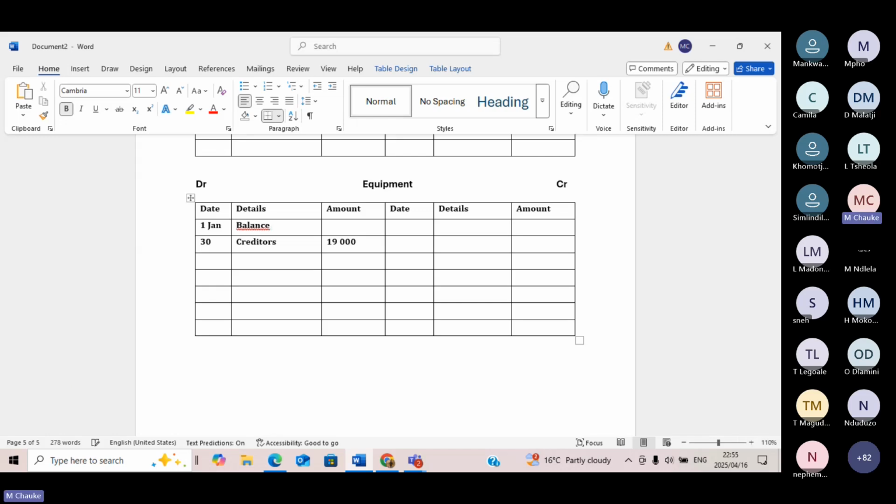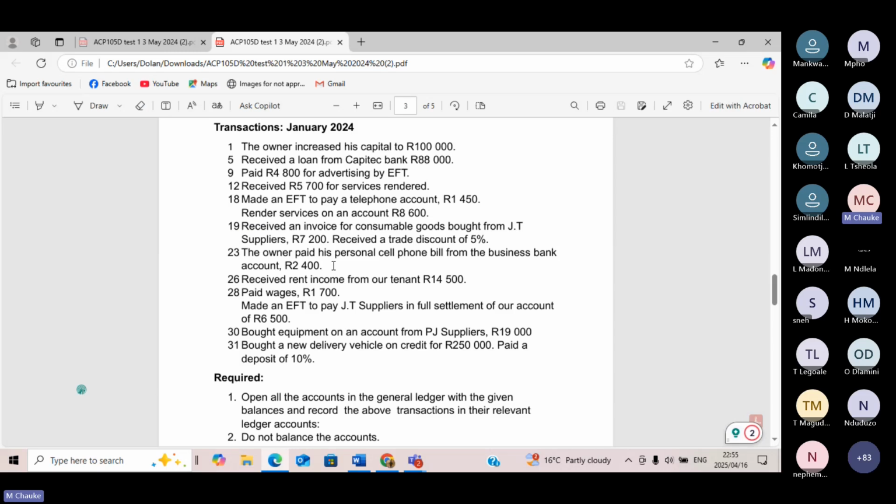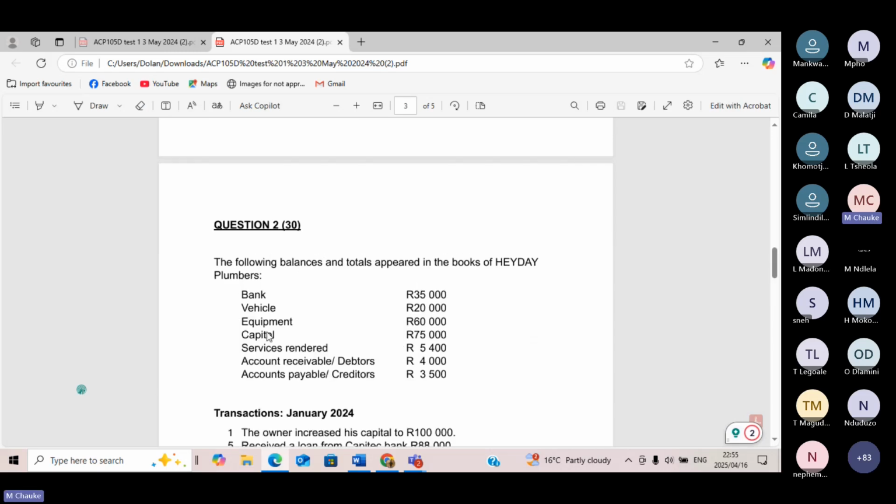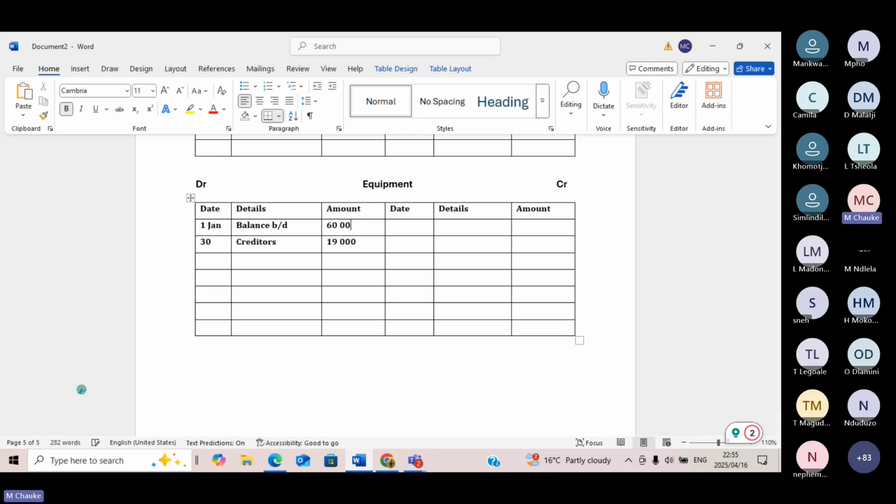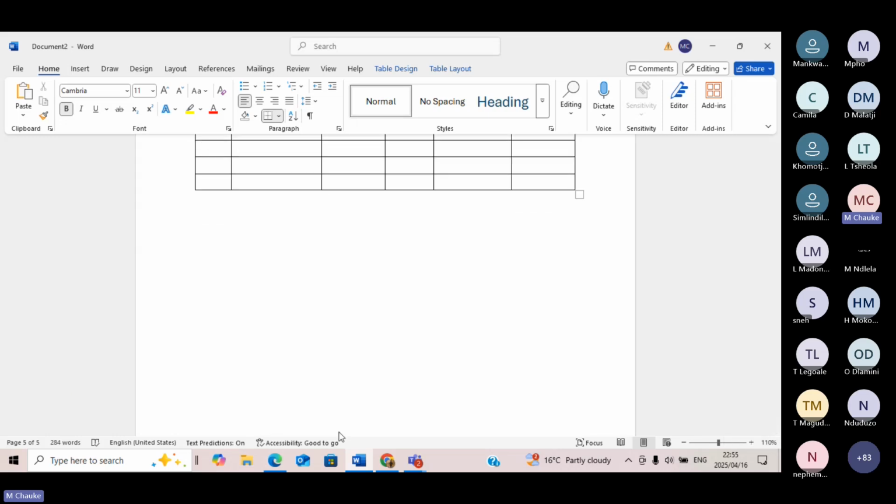Assets increase on the debit side, so their balance will be on the debit side. Balance brought down. And then how much is the amount for the opening? The amount for the opening for equipment is 60,000. So you go to the answer sheet, we indicate balance brought down 60,000. Right, thank you very much for that. And then we can move to the next transaction, which is the last.